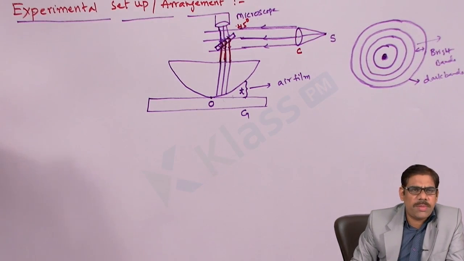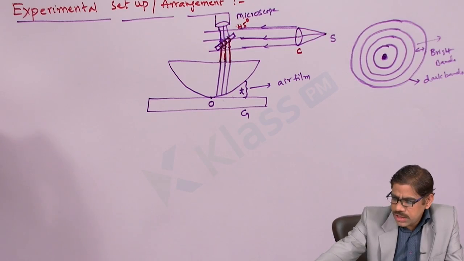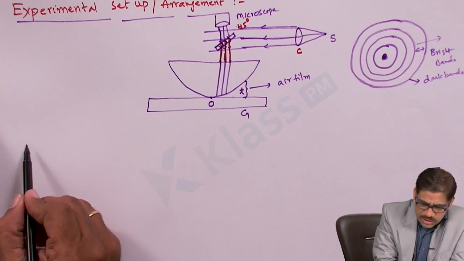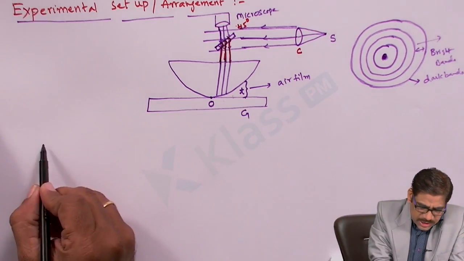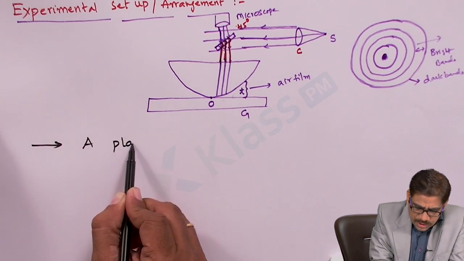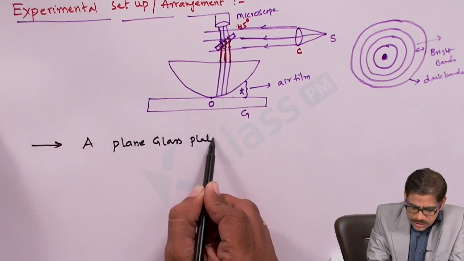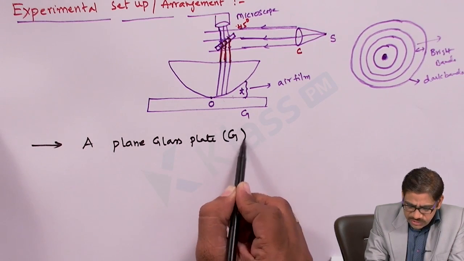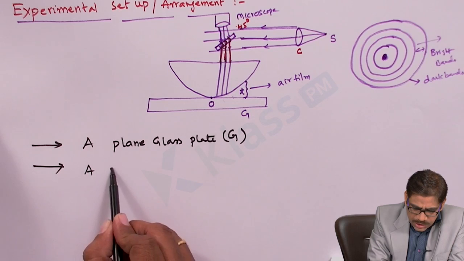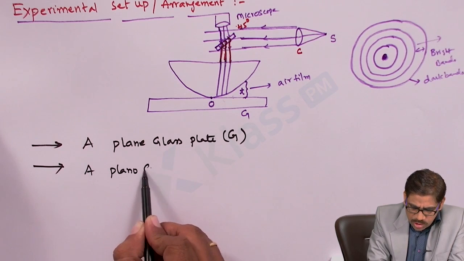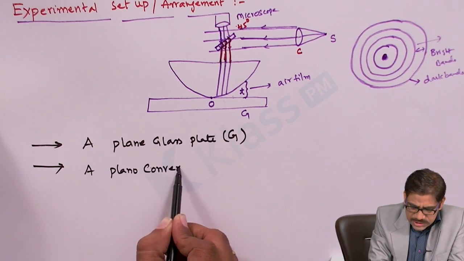So, this is the experimental arrangement that we see here. Here we have a plain glass plate, which is given as G, and a plano convex lens.